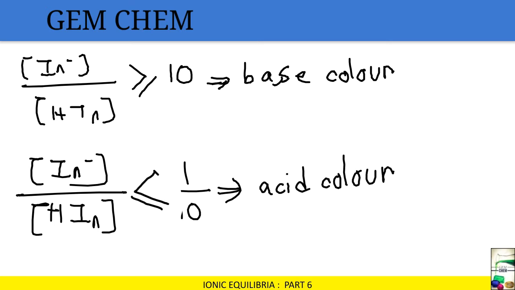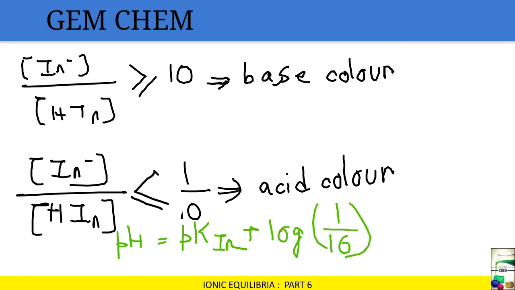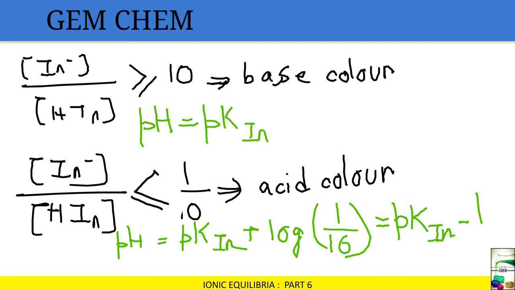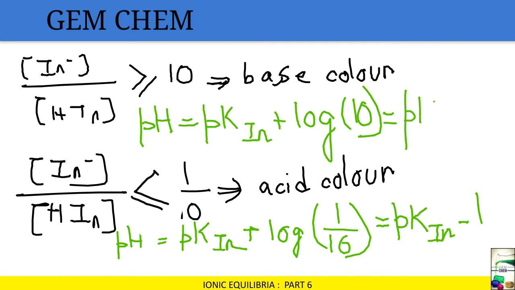So when this case occurs, since acid color is observed, we can write pH equals pKIN plus log 1 by 10, right? And it comes to be pKIN minus 1, whereas in this case pH is equal to pKIN plus log 10, which is equal to pKIN plus 1, right?